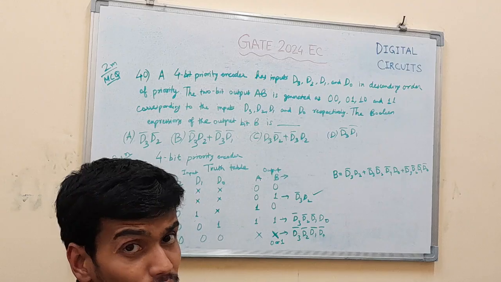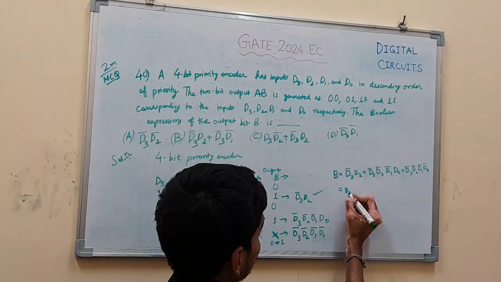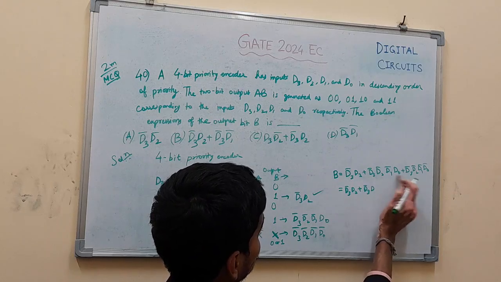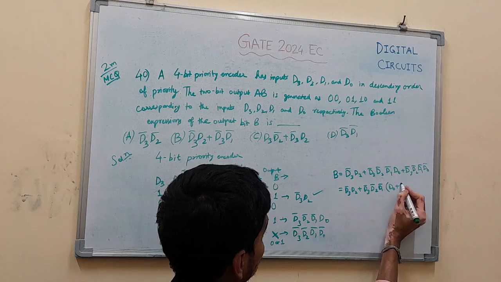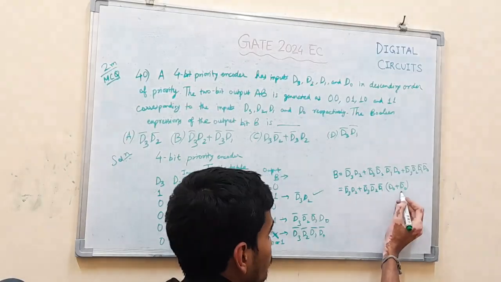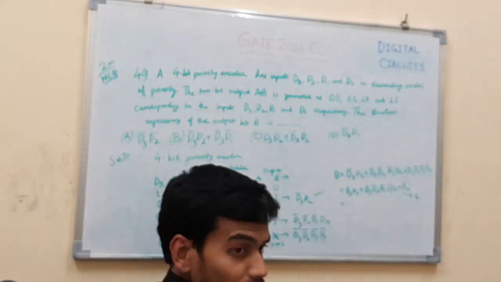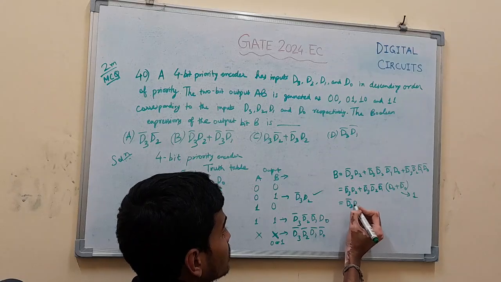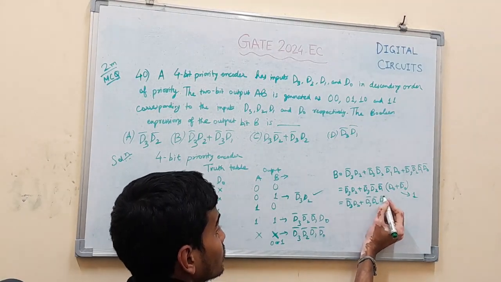Now, we know the laws of Boolean algebra and simplification. Let's use them here. From the last two terms, let's take D3 bar D2 bar D1 bar common, and it will be D0 plus D0 bar. We know this is 1 from the complement law. So we have D3 bar D2 plus D3 bar D2 bar D1 bar.